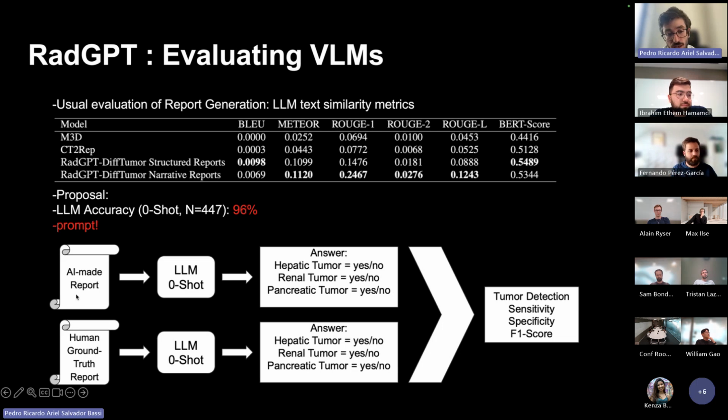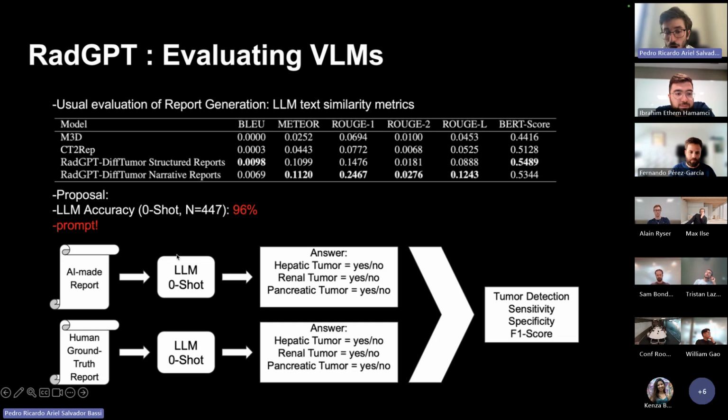So we have the AI-made reports and the ground truth human-made reports. We use a zero-shot LLM, again Llama, to analyze both. And we basically ask the LLM, does this report show a hepatic tumor, a renal tumor, or a pancreas tumor, yes or no? And we use this LLM to convert the reports into binary labels. And with these binary labels, we can calculate the standard metrics: sensitivity, specificity, F1 score.